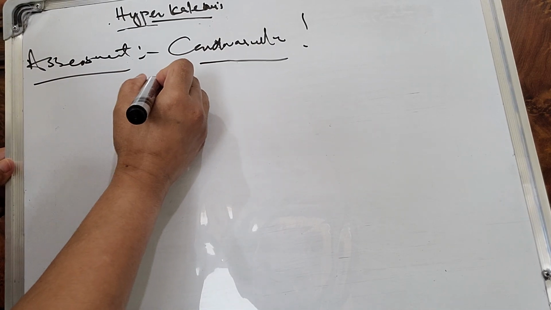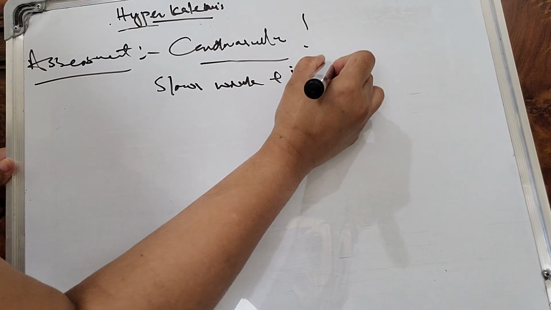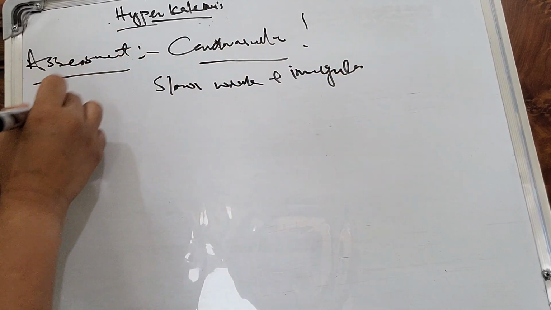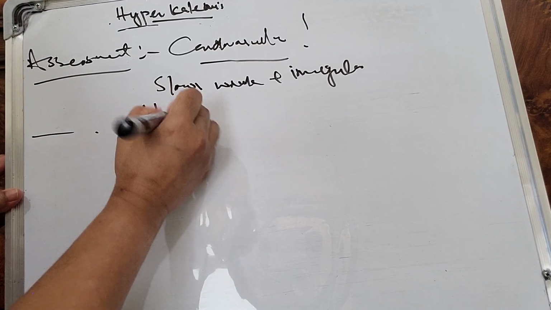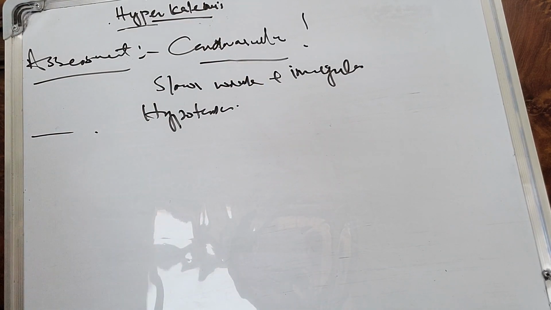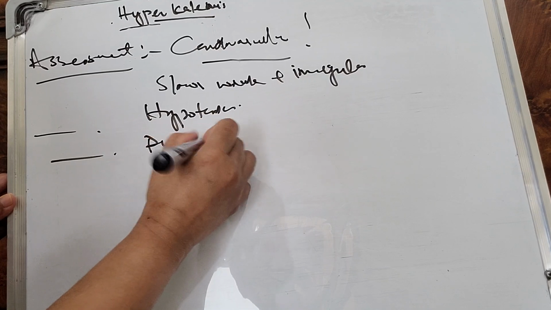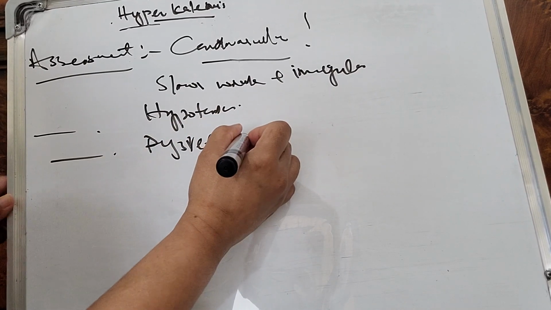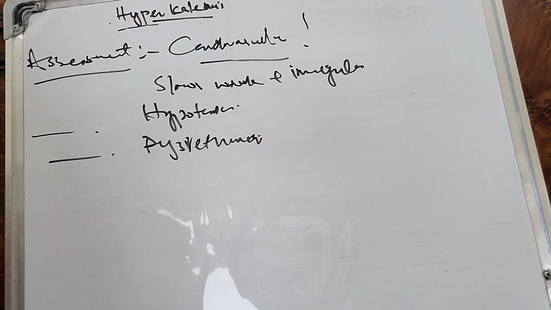The blood pressure shows hypotension. In hypokalemia, orthostatic hypotension, but in hyperkalemia, hypotension. Then dysrhythmias, which occur in both conditions: hypo also has dysrhythmias and hyper also has dysrhythmias.